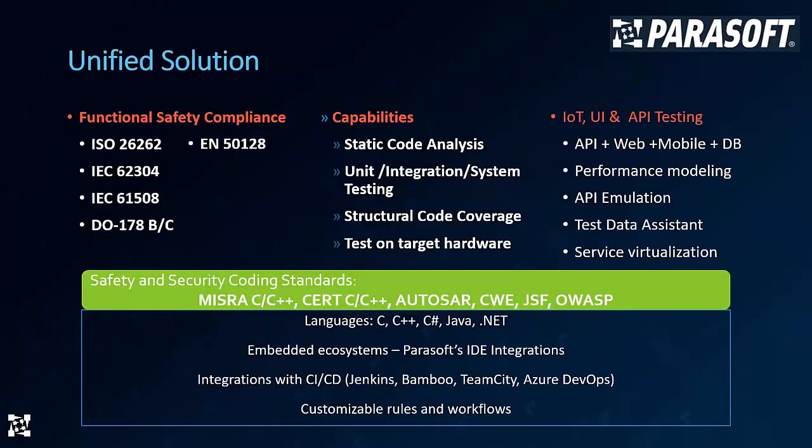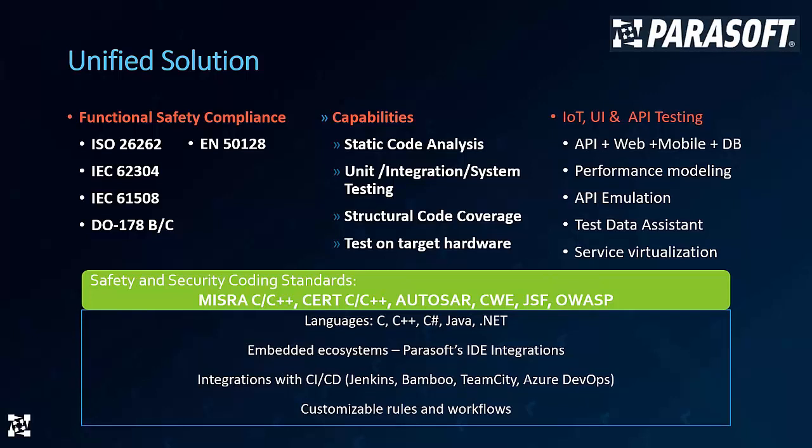For embedded, our customers are generally trying to satisfy their industry compliance requirements, such as automotive ISO 26262, avionics, DO 178B and C, and others. Now, Parasoft provides the testing methods defined in these process standards, testing methods like static code analysis, which we support MISRA, AUTOSAR, CERT, CWE, and many other coding standards, or you can configure your own custom in-house coding standard.